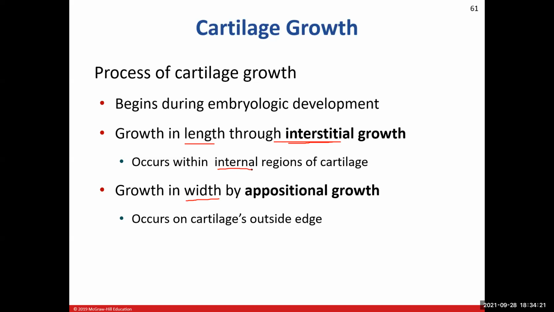Cartilage, same thing, right? When it grows in width, it's going to get bigger and bigger. We call that oppositional growth. And that occurs on the outside edge of the cartilage. So how I remember the difference between oppositional and interstitial is, interstitial occurs on the inside. Oppositional is on the edge.